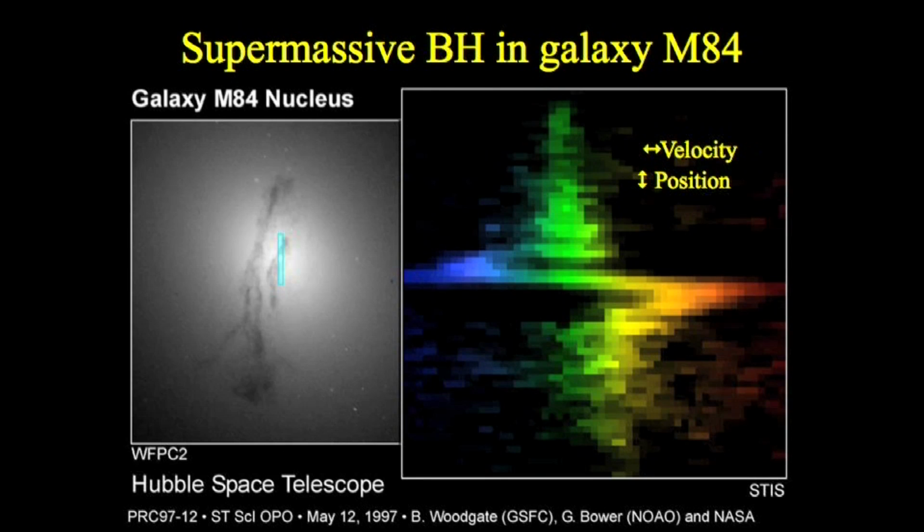On this side, the stars are coming towards us. On that side, the stars are going away from us. So this is how we measure the masses of black holes in other galaxies, not by looking at just one star moving around, but by looking at a whole bunch of stars moving around. We can't even distinguish the individual stars, but we can still see how they move all together, indicating there has to be some massive dark object sitting in the middle.